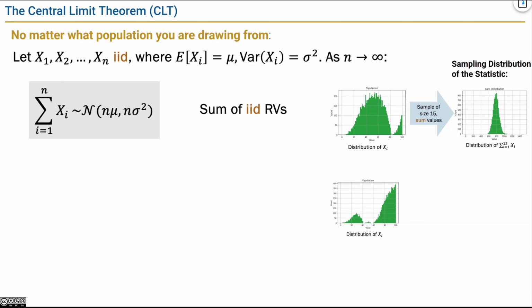And in fact, I can tell you exactly what the mean and the variance will be for that normal distribution.